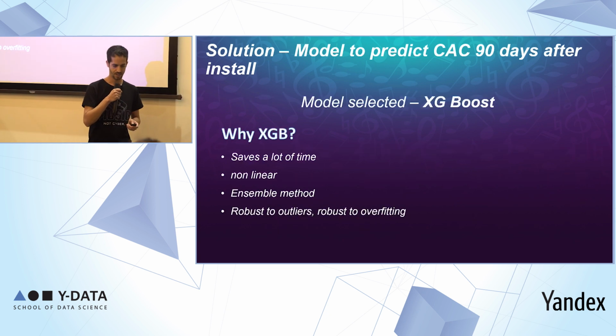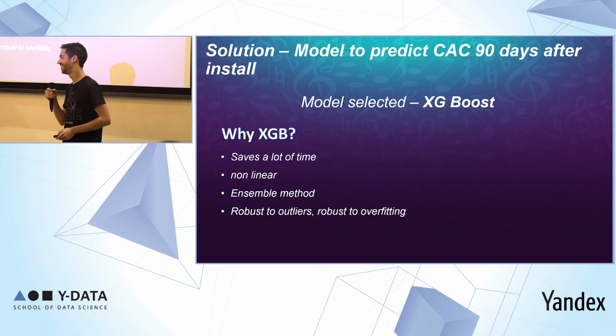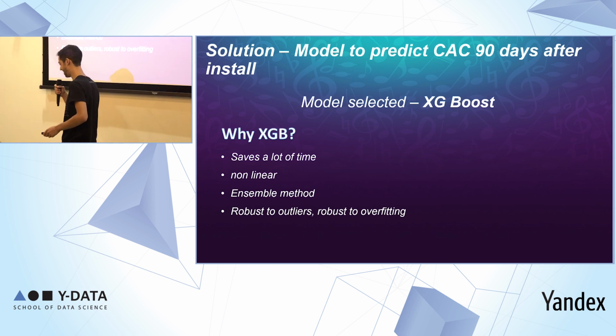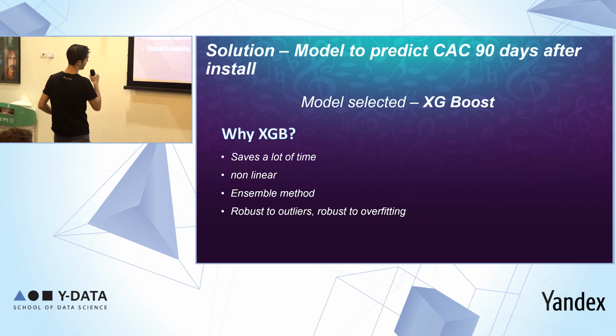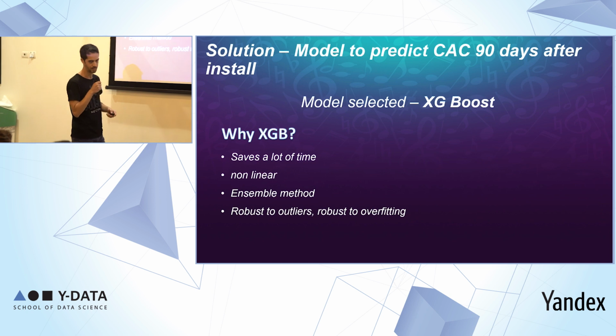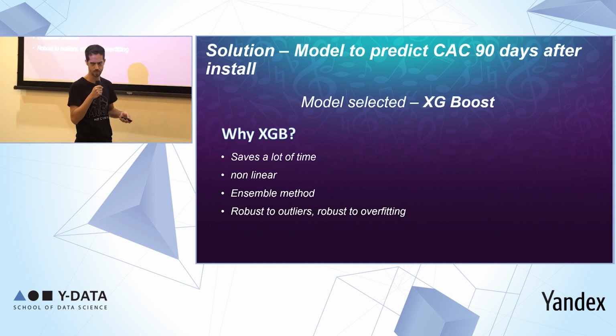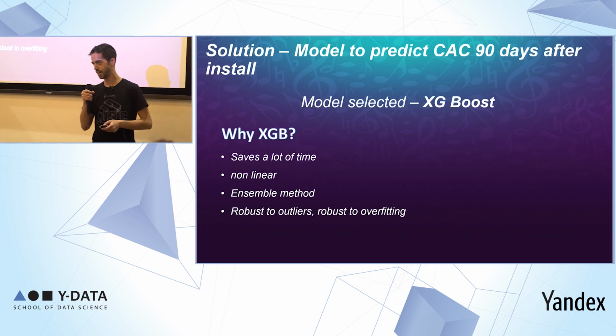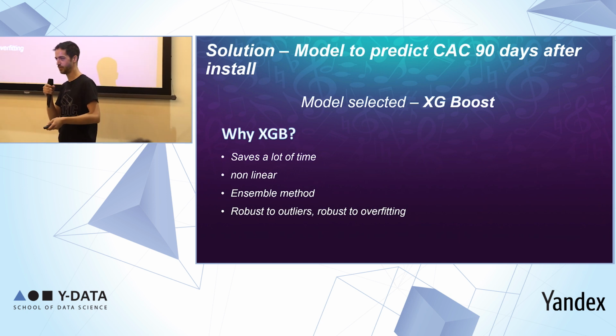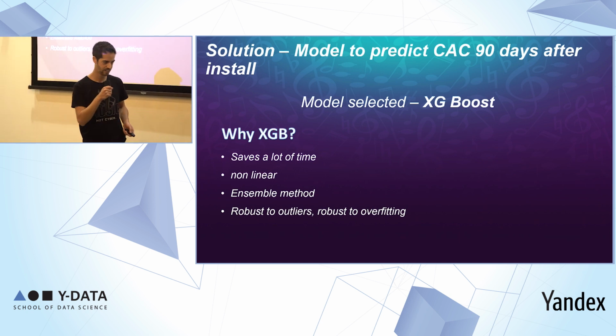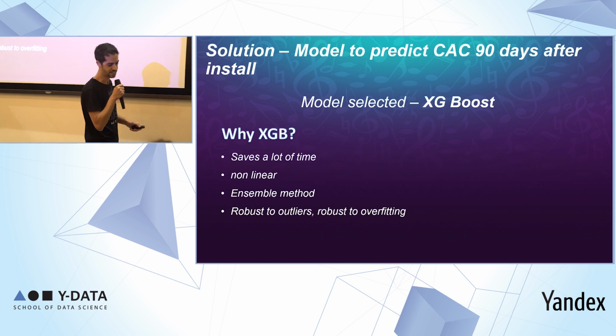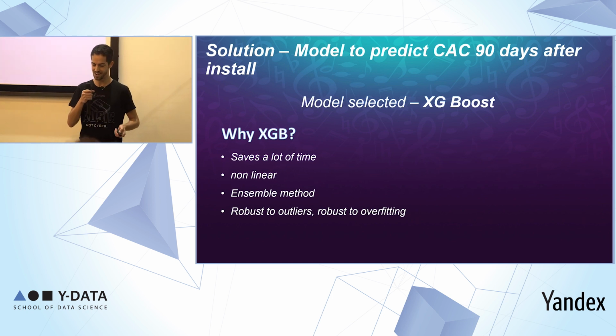So why XGBoost? This is the main reason we're here. It saves a lot of time. Compared to a linear model, you don't need to tamper with the data a lot. You don't need to care too much about feature scaling or multicollinearity. The second thing is that it's not linear.